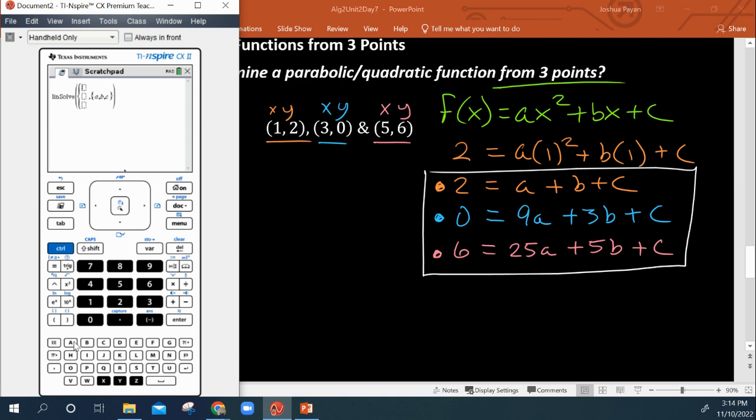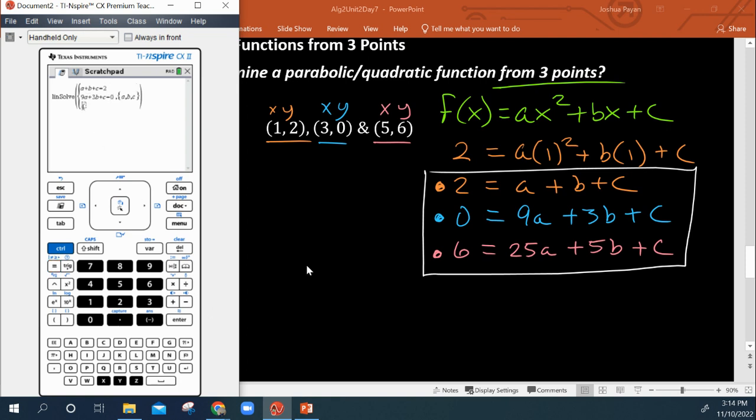So A plus B plus C equals 2. And then next equation, I'm going to put in this guy here in blue: 9a plus 3b plus c equals 0.